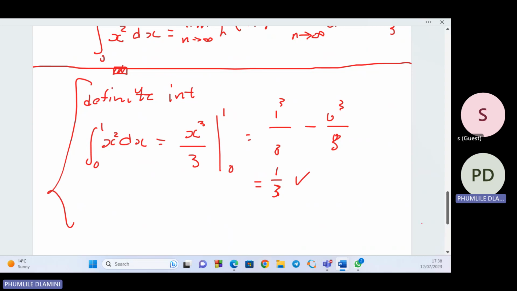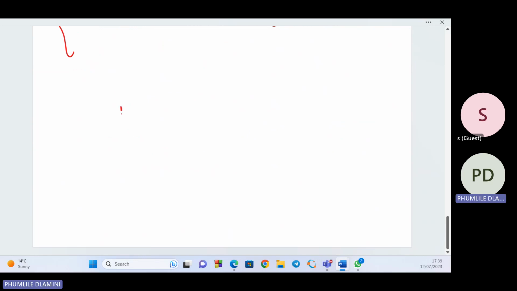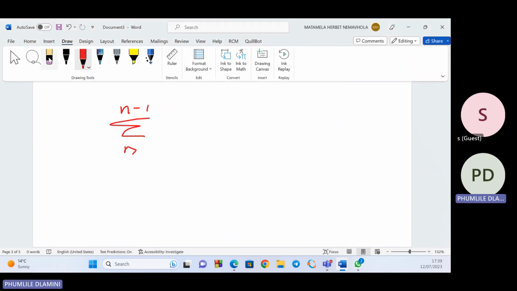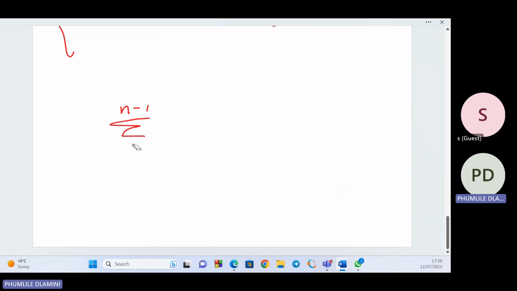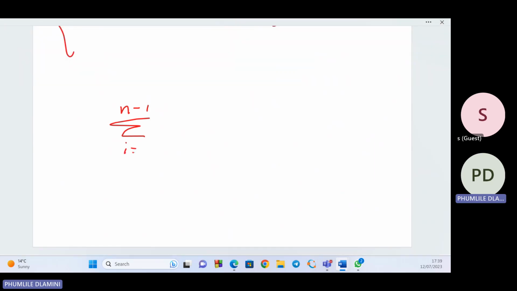Some of the students, when they do it, you will find that they use n minus 1 in the summation, where i equals 1.